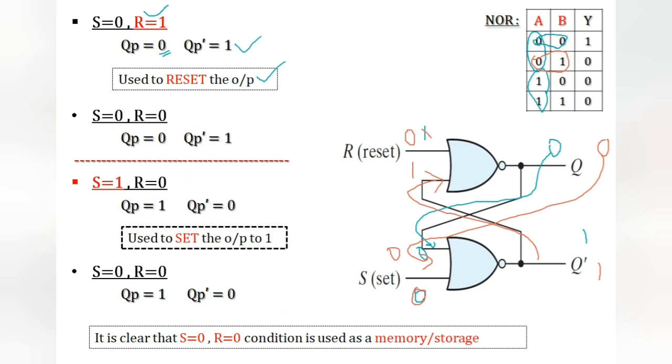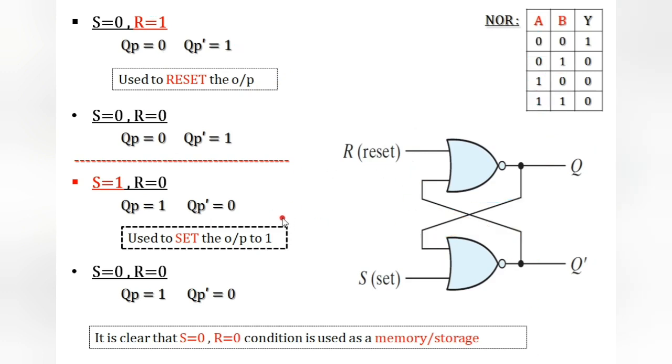So consider like this. Now again I am taking inputs, that is nothing but S1 R0. S is 1, R is 0. Again listen carefully, this is very important for latches and flip-flops.